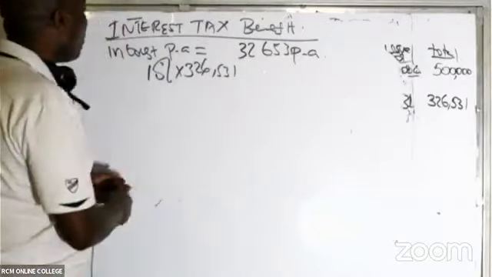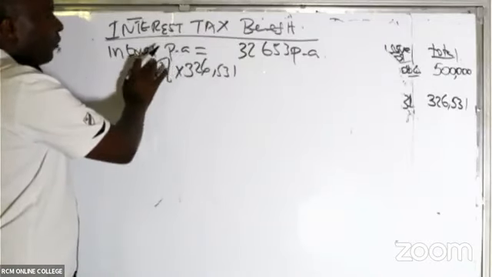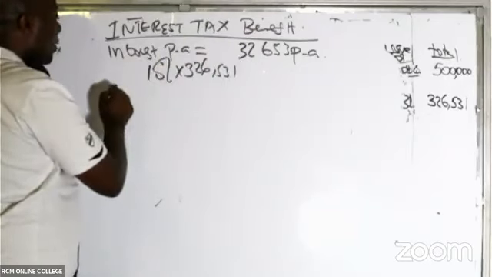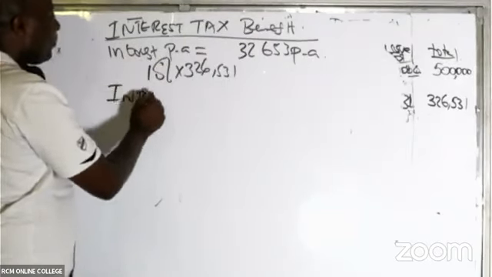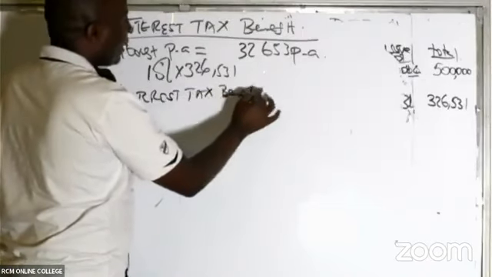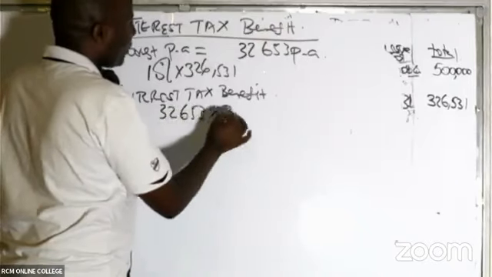So somebody is telling me, Mwalimu, first of all, before you know what I'm looking for? First of all, it's a tax benefit. So go ahead and give me the interest tax benefit. I will take the interest itself, 32,653 times that 3%.